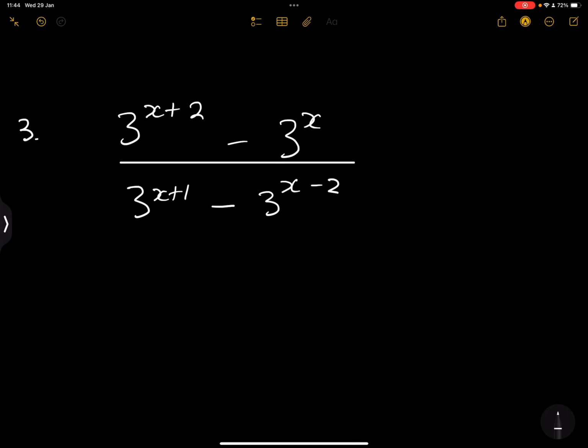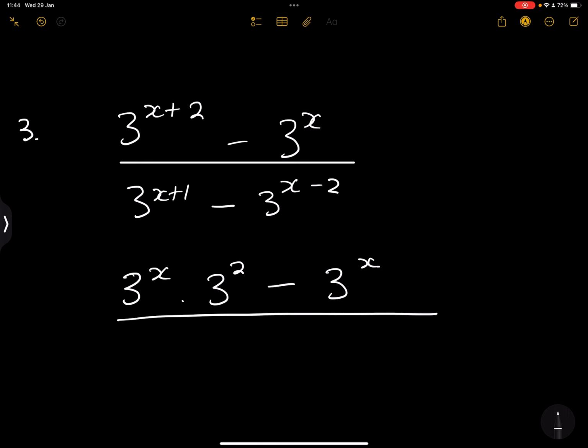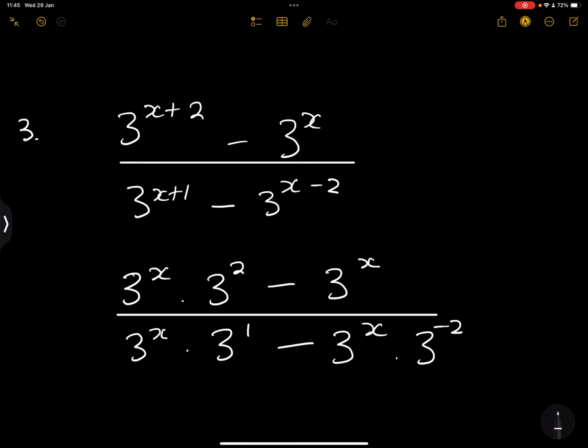And let's see, what would the solution be? We will have 3 to the x times 3 to the power of 2 minus 3 to the power of x divided by, we've got 3 to the power of x times 3 to the power of 1 minus 3 to the power of x times 3 to the power of negative 2.